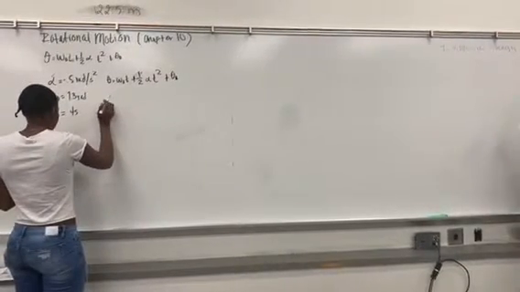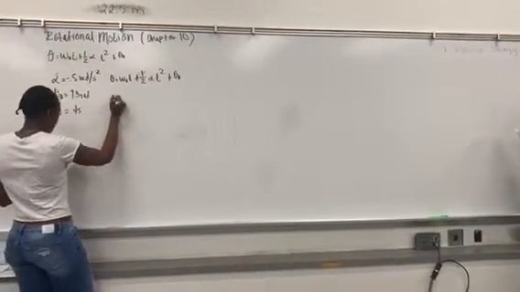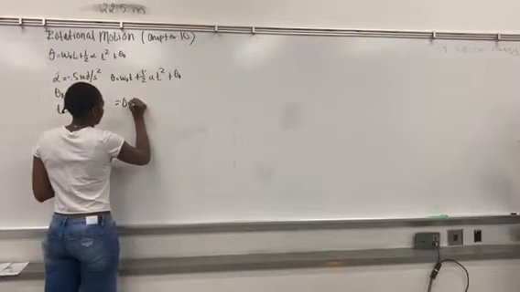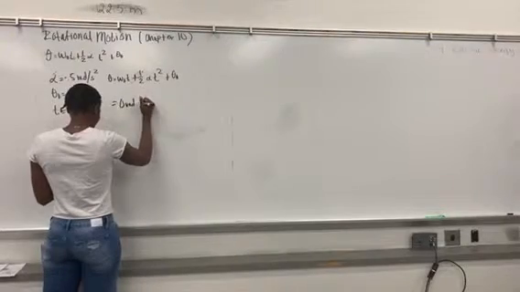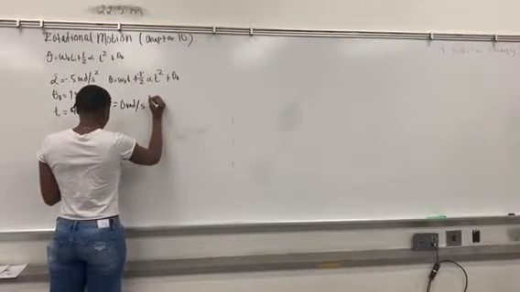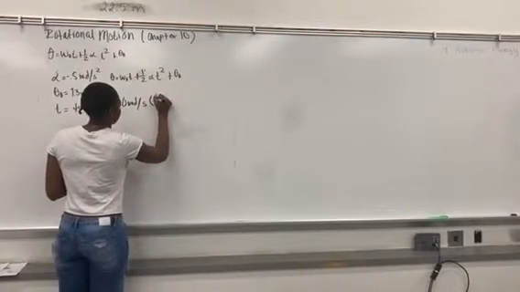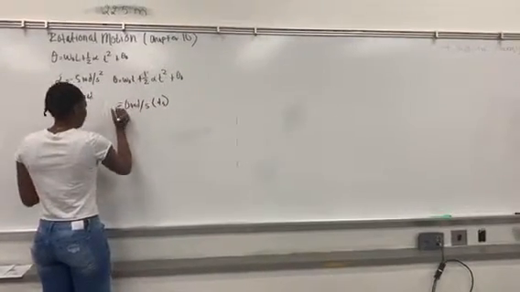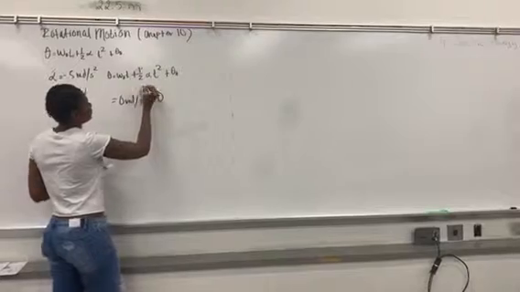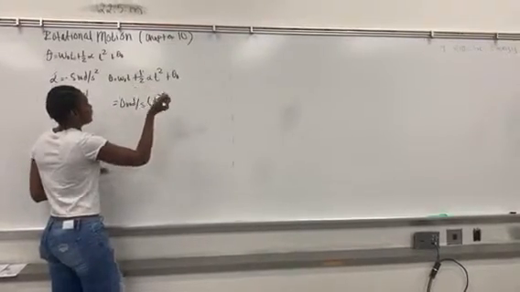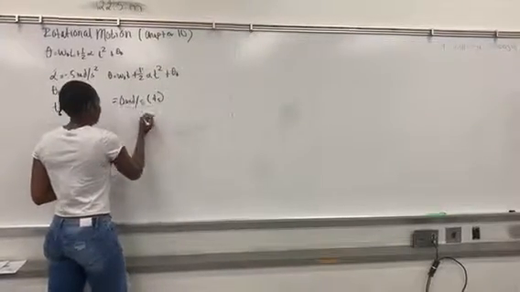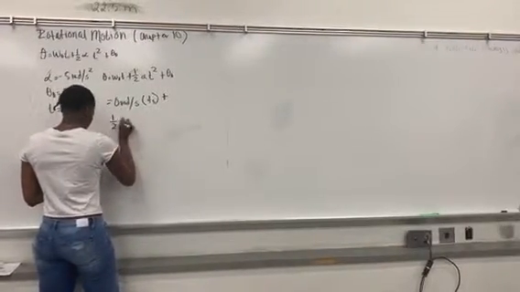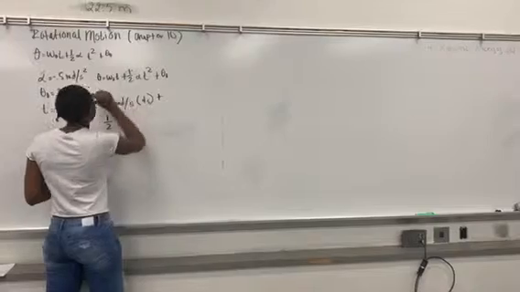In the problem it stated that the velocity is 0 radians, so we're going to write 0 radians times seconds, and then we're going to take the time, which is 4 seconds. Then we're going to do the second part of the equation, which is 1/2 alpha t squared plus theta naught.